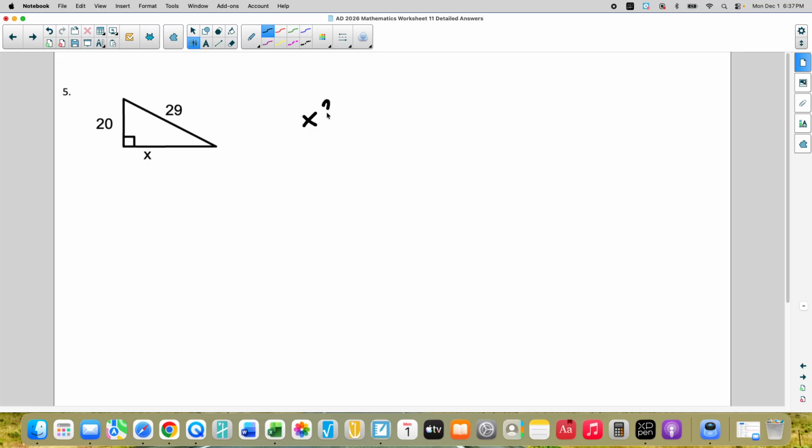Same thing, x squared plus 20 squared equals 29 squared. x squared plus 400 equals, oh, that's going to be 481? Nah, that's too easy. 29 squared is 841.